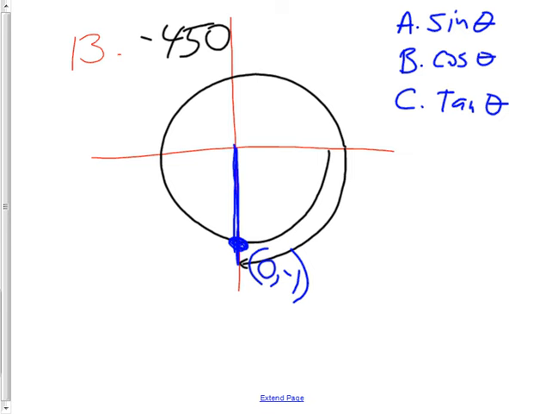Okay, so sine's the y, so it's negative 1. Cosine is the x, so it's 0. And last, be careful with this one now. Tangent is y over x, so it's negative 1 over 0. You can't have a 0 on the bottom. So tangent is undefined.